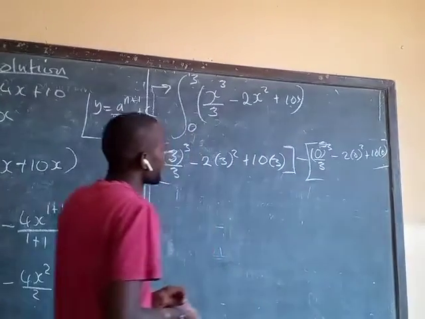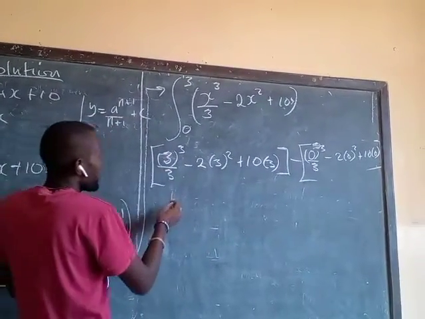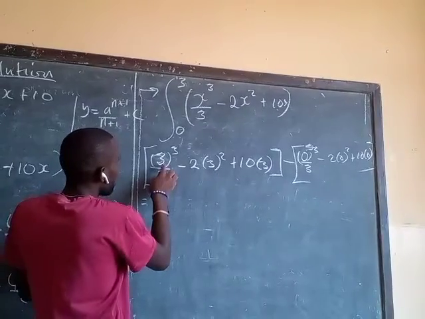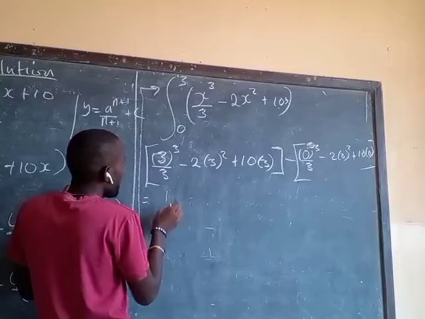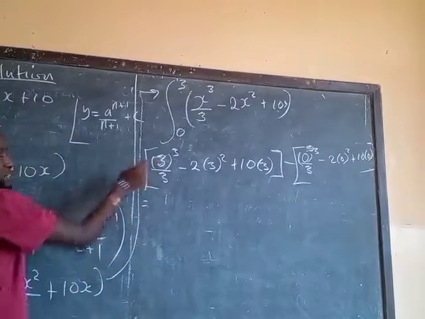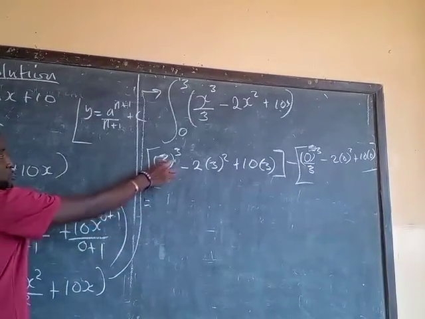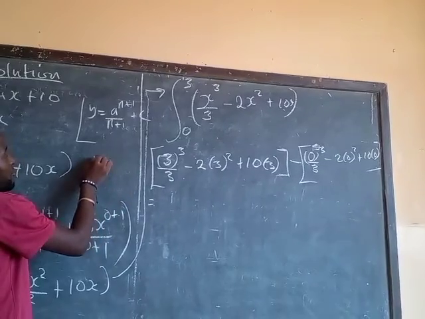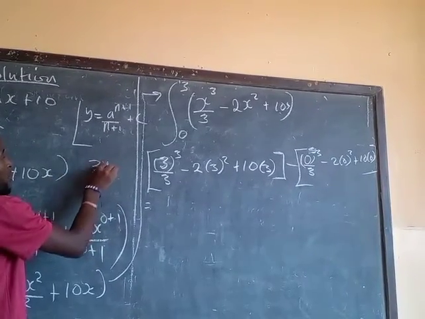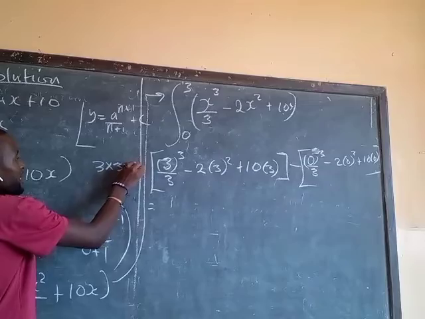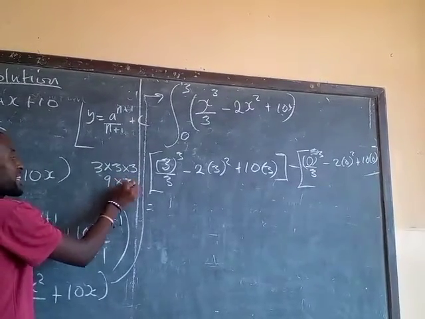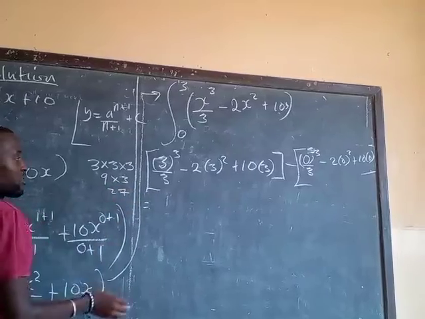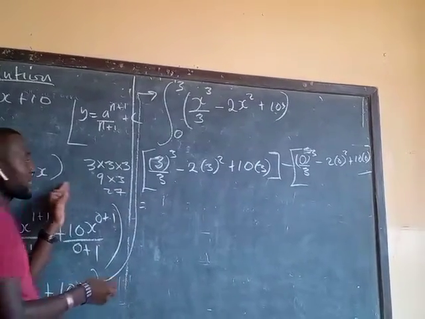So when you have it like this, you can simplify the other side, where 3 to the power 3 is 27. So how do you do it in paper 1? This 3 to the power 3 simply means 3 multiplied by 3 multiplied by 3, which is 3 times 3, which is 9, times 3 again, which is 27. So this is how we do it in paper 1 calculation.